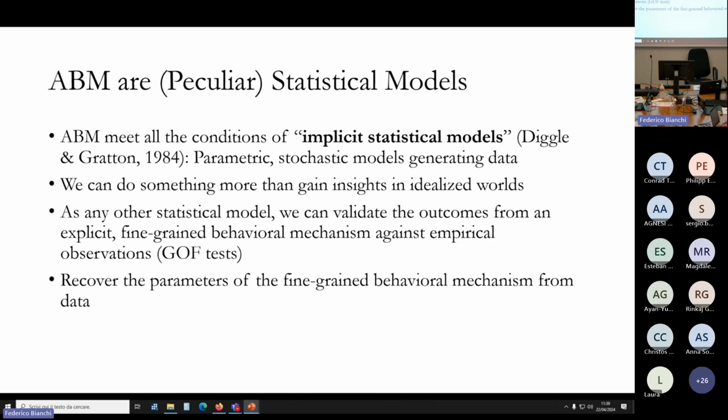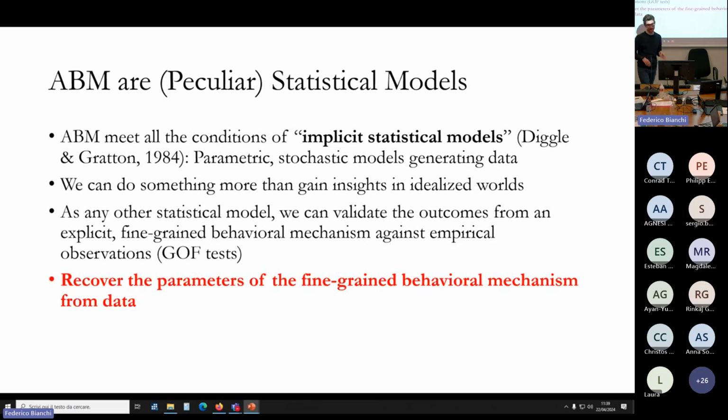So if you are a frequentist, you can, for instance, carry out hypothesis testing. If you are Bayesian, you can compute your credible intervals, whatever you want. So this presentation is about, in particular, this aspect. I will briefly mention goodness of fit in the end.